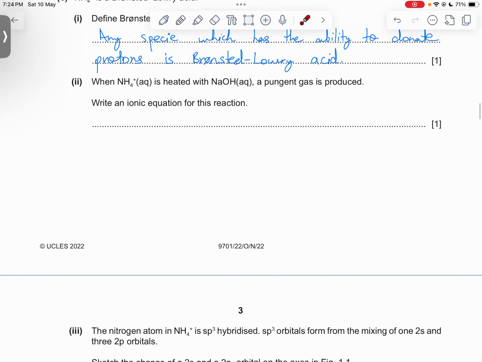Next, when NH4 plus aqueous is heated with NaOH aqueous, a pungent gas is produced.